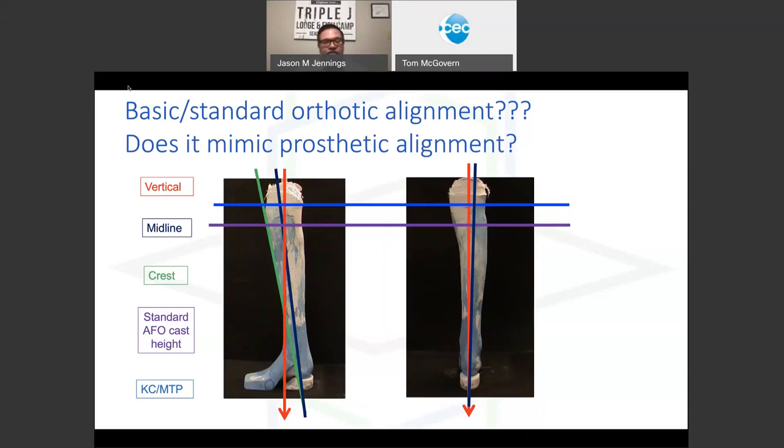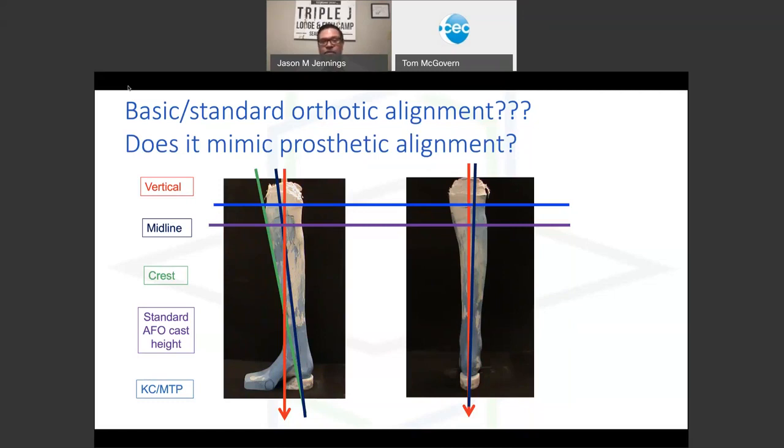I want to show you the difference on the left slide, that the midline angle for shank angle is different from midline to the crest. So if Elaine is telling you to put an AFO, say, in 13 degrees of tibial inclination, and you were to measure the way we measure in the US and put that blue line at 13 degrees, you would end up in a lot more inclination than what Elaine had intended in her paper.